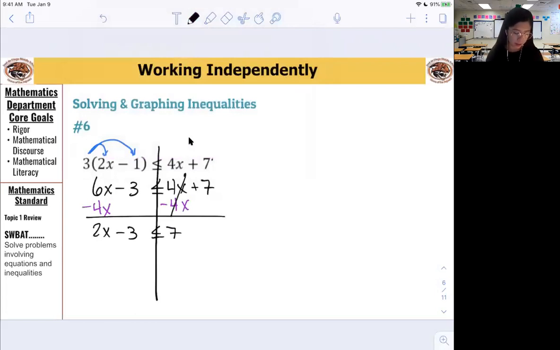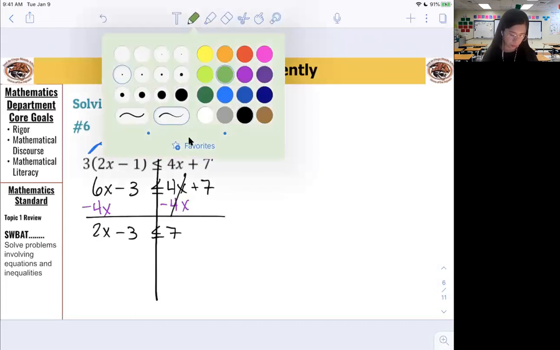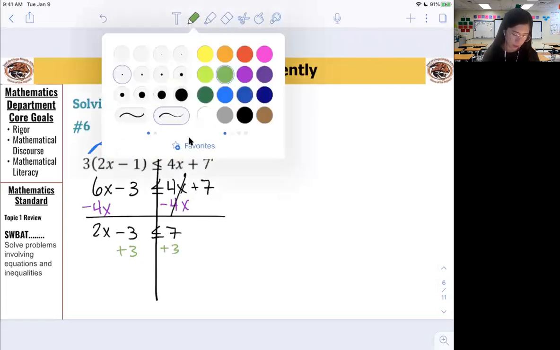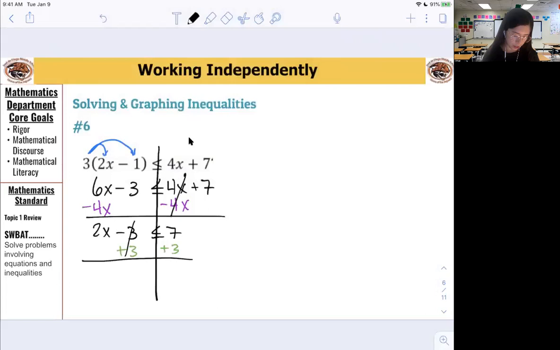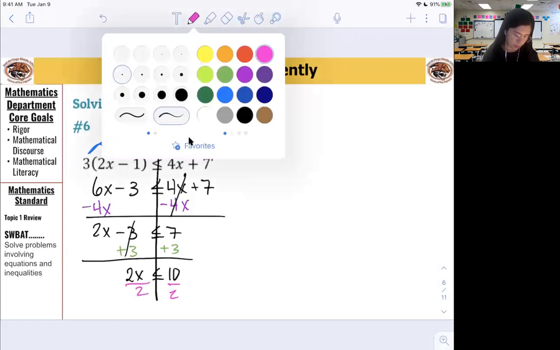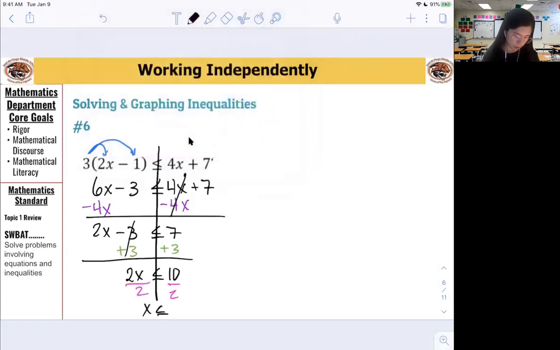I want to get x by itself, so the 3 needs to move over. It's negative right now, so I'm going to add it. 7 plus 3 gives me 10. And now I divide by 2 on both sides, and I get x is less than or equal to 5.